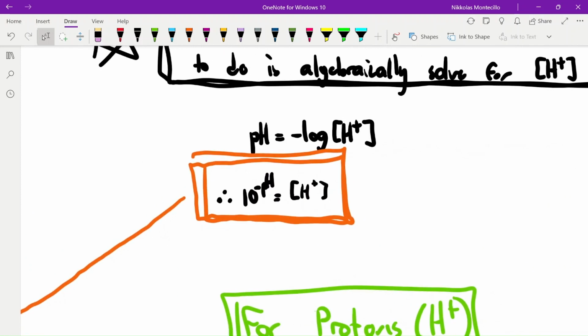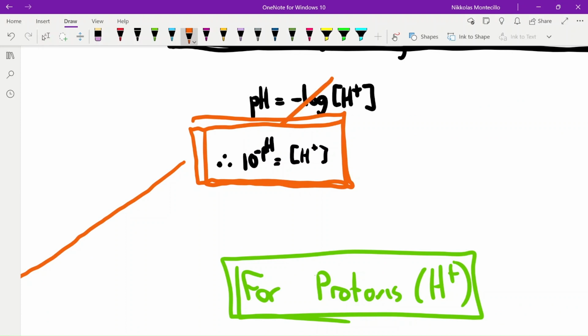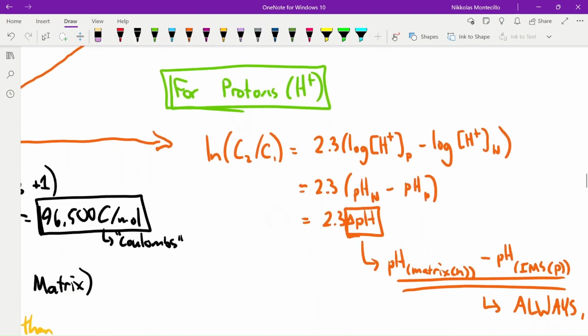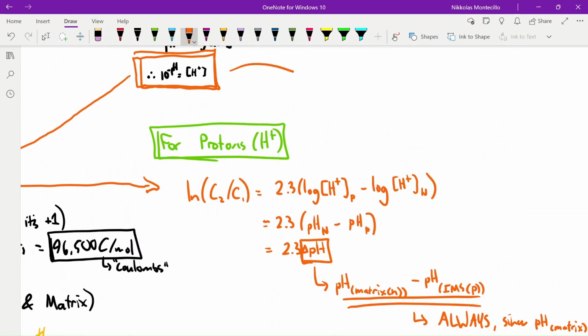Remember that the pH is equivalent to the negative logarithm of the hydrogen ion concentration. Well, to solve for the hydrogen ion concentration, we just simply impose a power to cancel out this operation right here, right? Because 10 to the power of negative pH is equivalent to the hydrogen ion concentration. So that's essentially what we're doing with this formula right here.